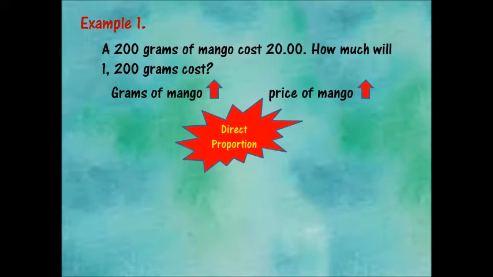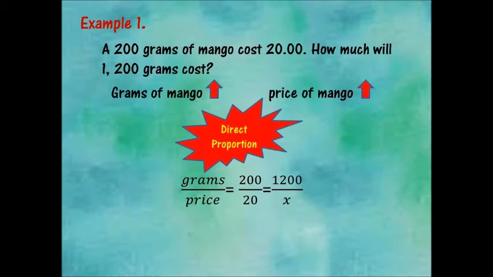So, isulat natin siya into ratio. That is grams over price is equal to yung grams sa given natin, that is 200. So, isusulat natin siya dito, 200. And then, yung price natin sa given, yung 200 grams, cost 20 pesos. So, that is 200 over 20.